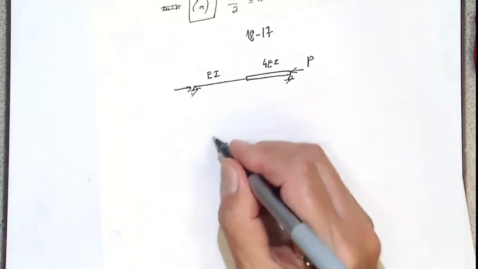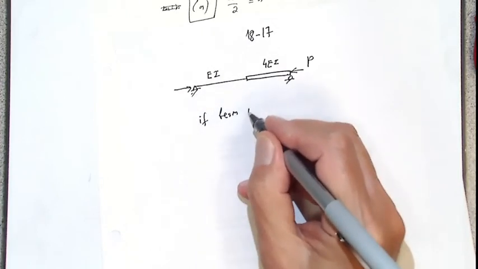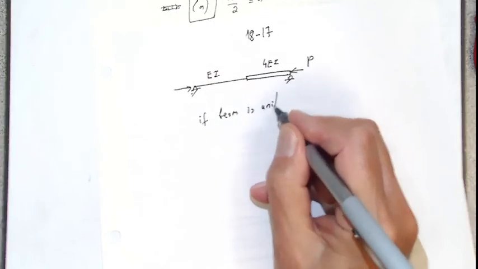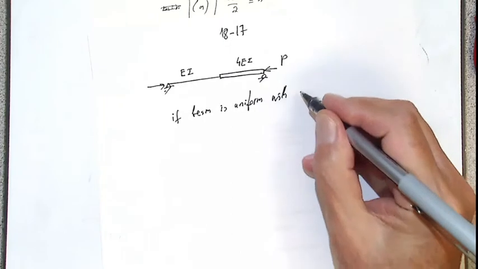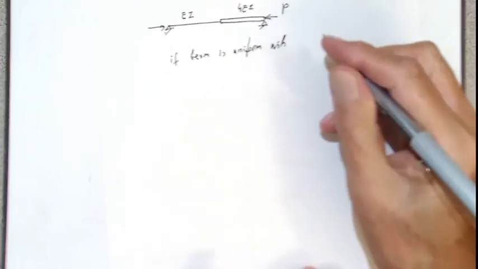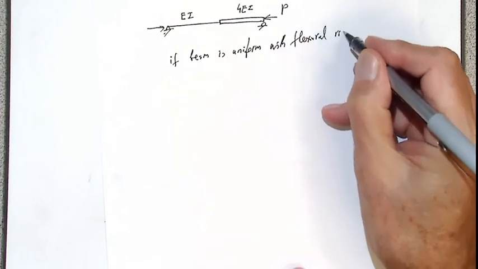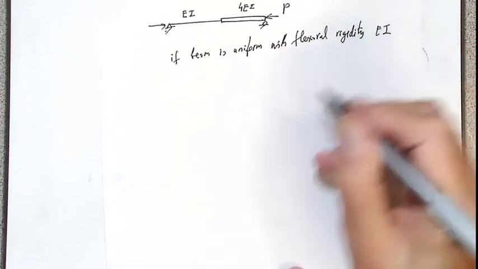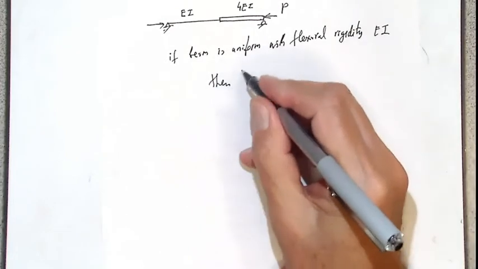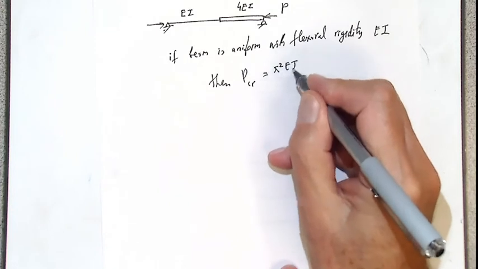So P critical. If the beam is uniform with flexural rigidity EI, then P critical equals pi squared EI over L squared.